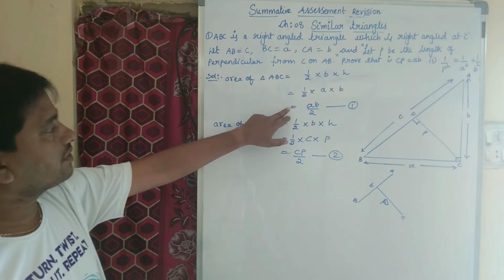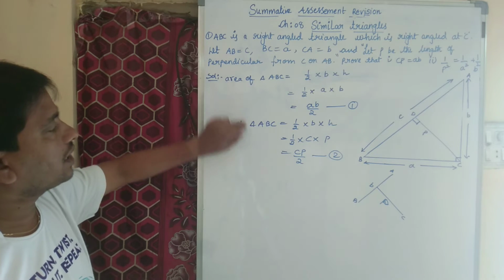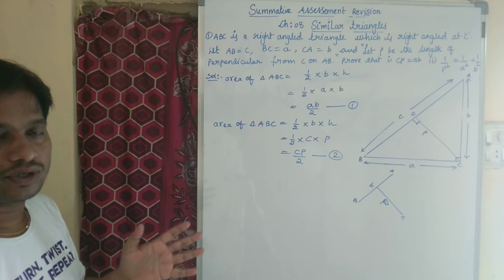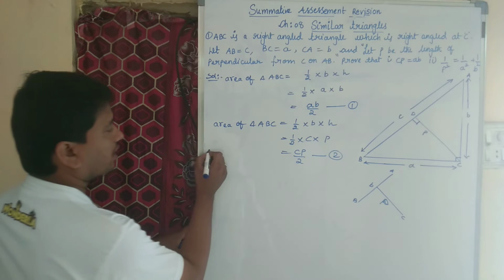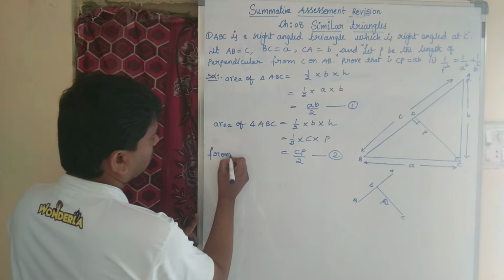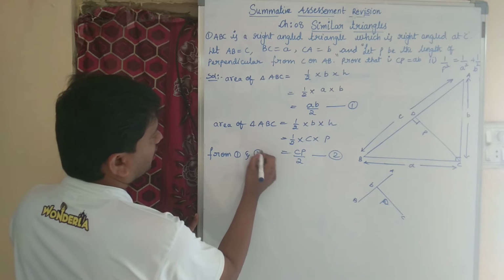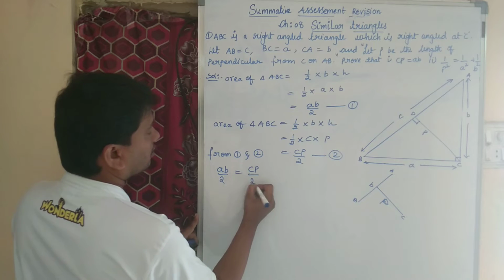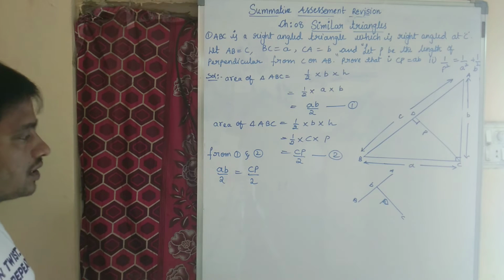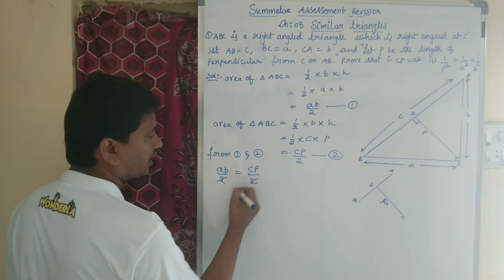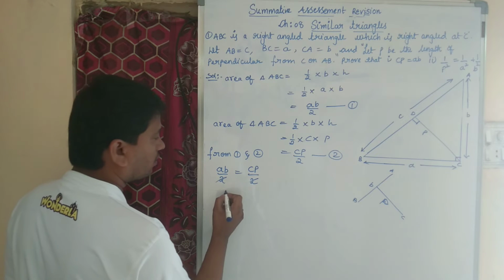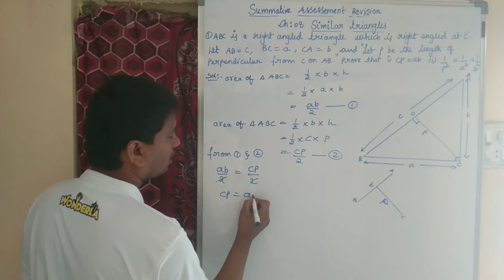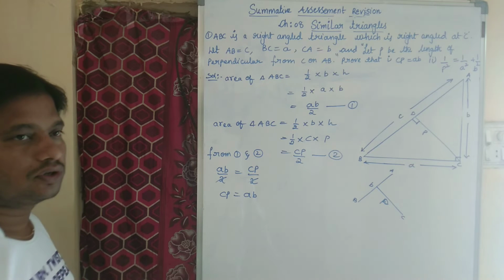If you observe equation number 1 and equation number 2, both are the area of triangle ABC only, so left hand sides are equal. From equation number 1 and equation number 2, I can equate the right hand sides: AB by 2 equal to CP by 2. So the 2 cancels, and we got CP equal to AB.